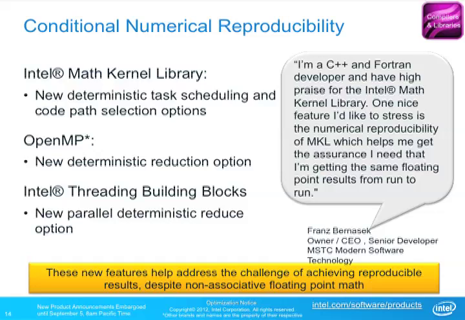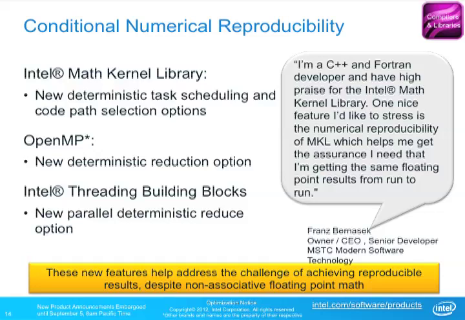Our Math Kernel Library, OpenMP, and Threading Building Blocks all support some new features to allow you to specify that you want the order of computations and the order of parallel reduces to be consistent run to run or processor to processor. And that gives you a reproducibility capability that can be really useful in validation or acceptance tests and the like, to help you have confidence in your program, or maybe to debug other aspects of it, knowing that every run should produce the same answer.